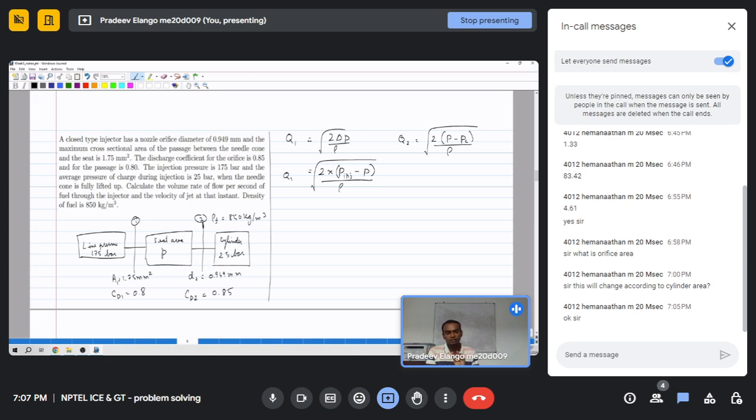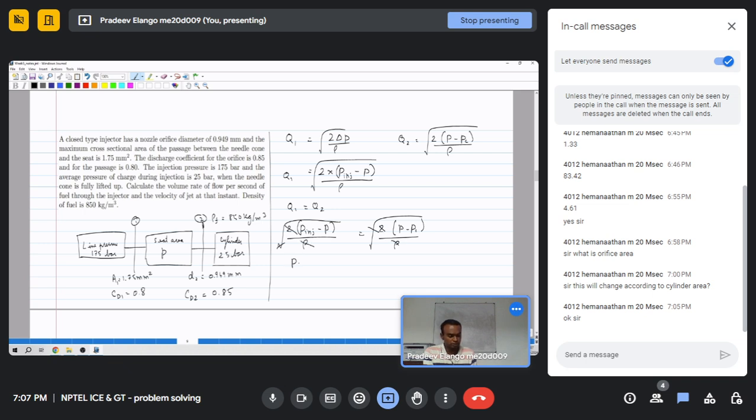Now at steady condition, both have to be the same, right? So that means Q1 is equal to Q2. Then we write this as 2 into P injector minus seat area pressure divided by rho is equal to 2 into P minus P cylinder divided by rho. Now we can remove the square root; 2 and rho, everything will go.